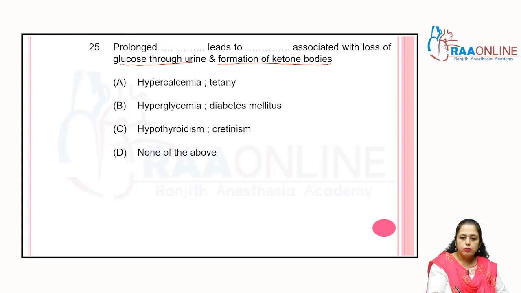So, hyperglycemic condition, that is the answer, Bombay. Hypercalcemia, increased level of calcium, it's not related with that, right? Hypothyroidism, it is not related with that. Clear? Directly not related with that, right? And hyperglycemia, that is increased level of the glucose, leads to the loss of glucose through the urine and formation of the ketone bodies, and the condition is called the diabetes mellitus, that is DM. Clear?